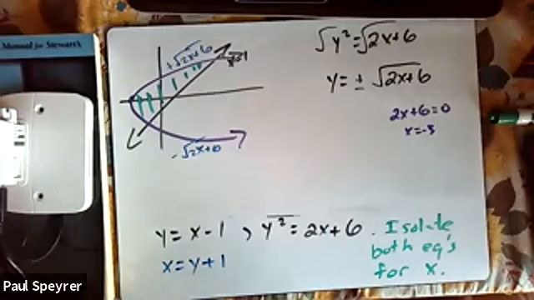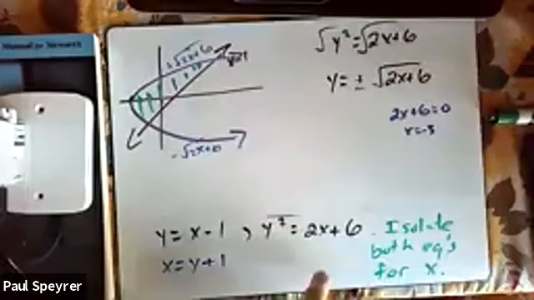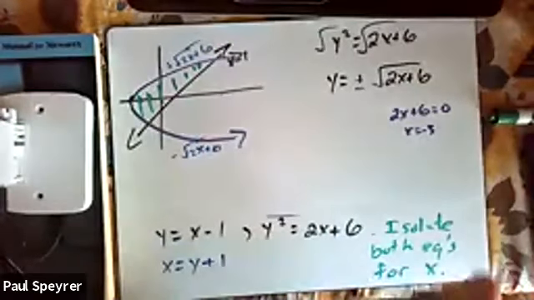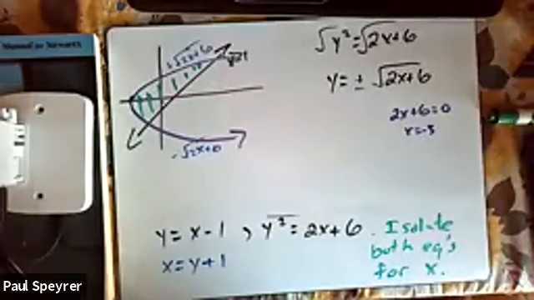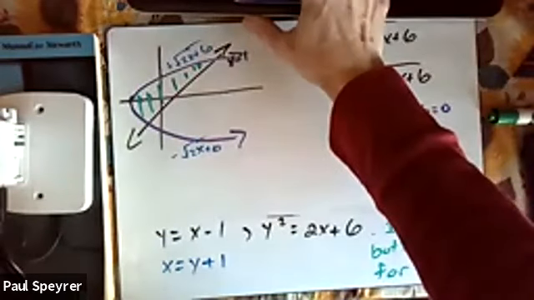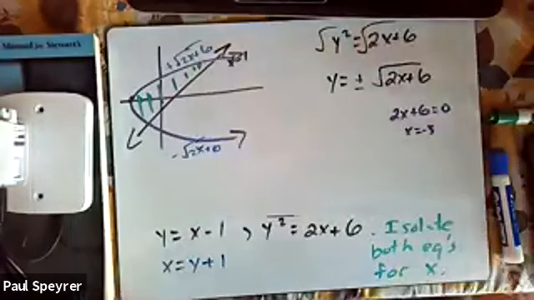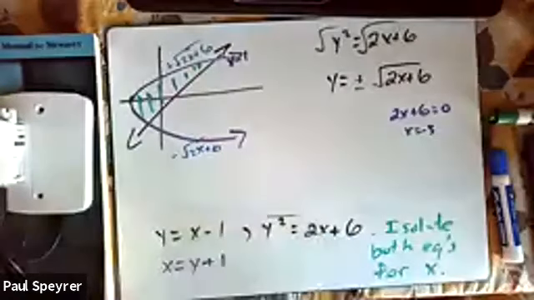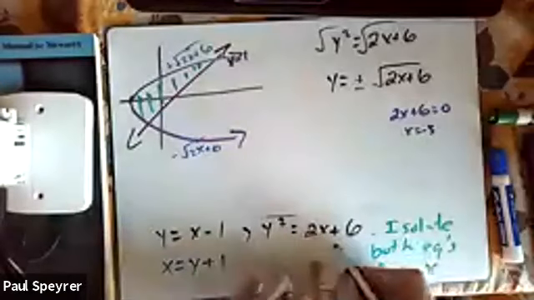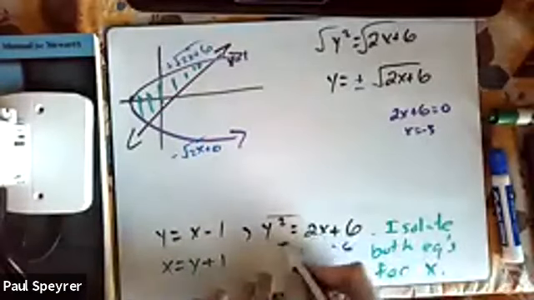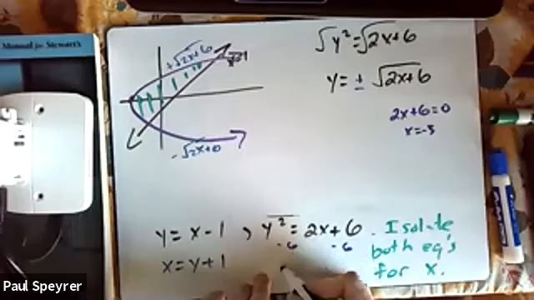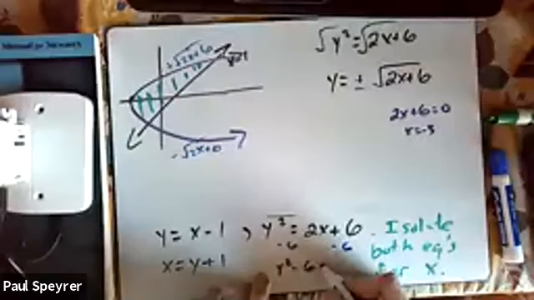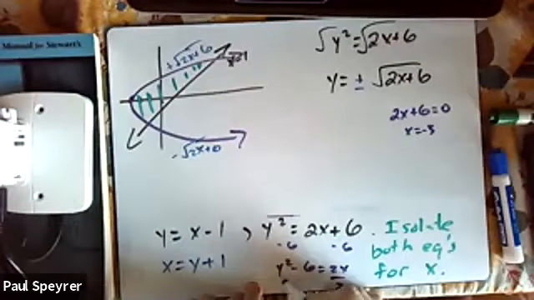And then right here, what can we do? How do we isolate x? Well, gotta do things right. You subtract the 6, so we have y squared minus 6 equals 2x, and then divide by 2.